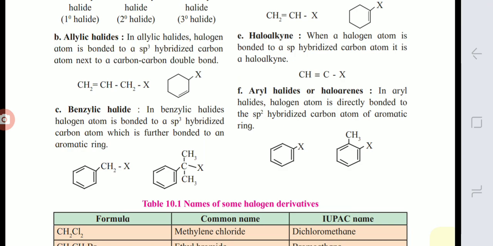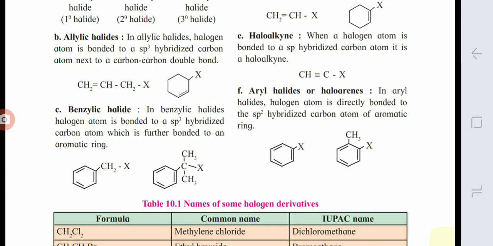C6H5-C(CH3)(CH3)X. Here again the ring is aromatic in nature, and we replace the hydrogen from that carbon.